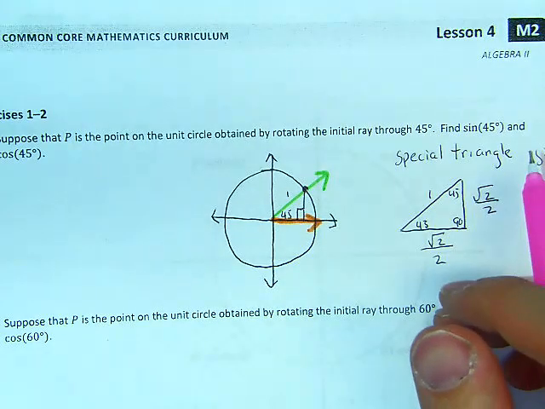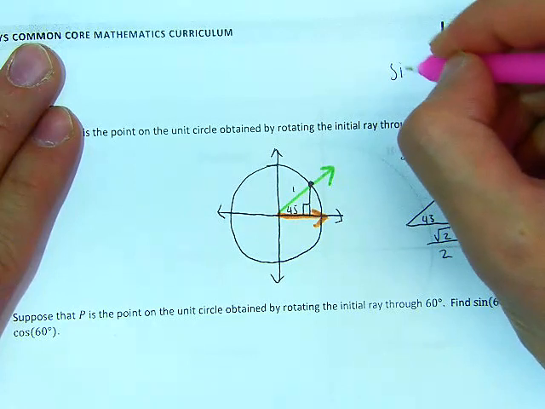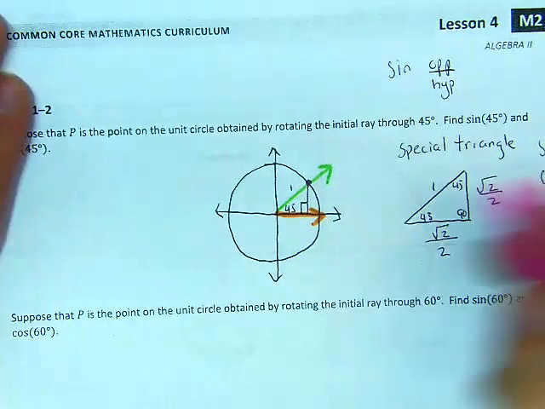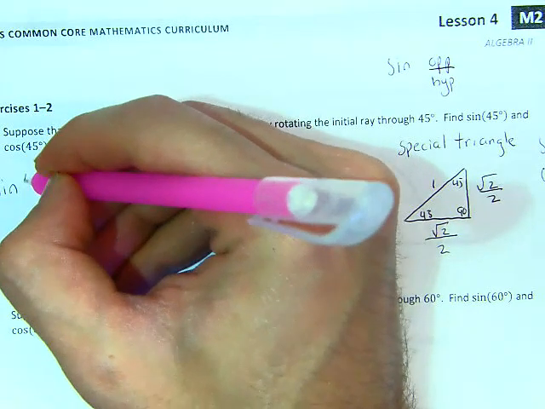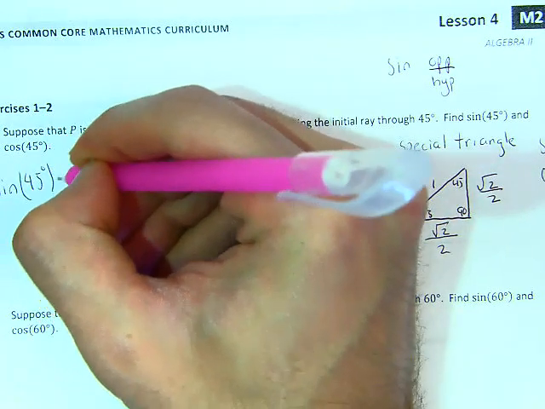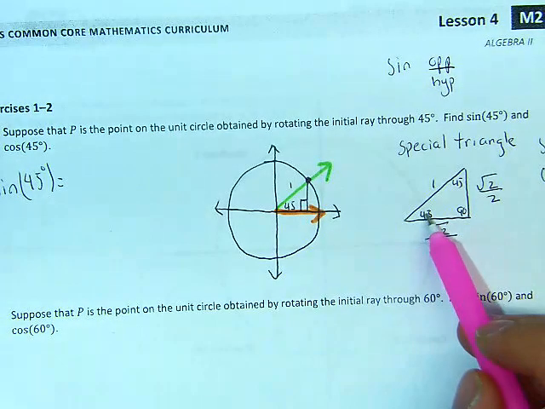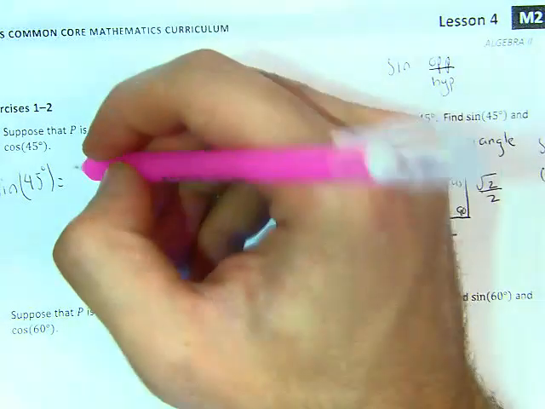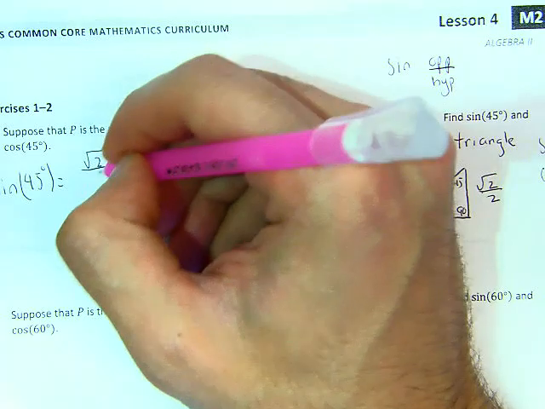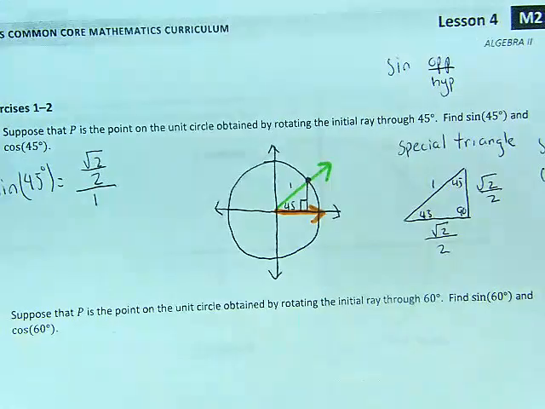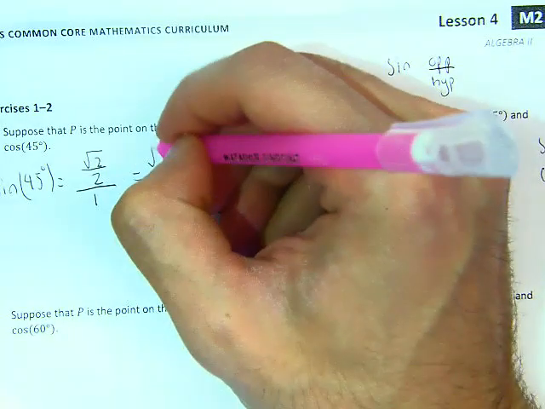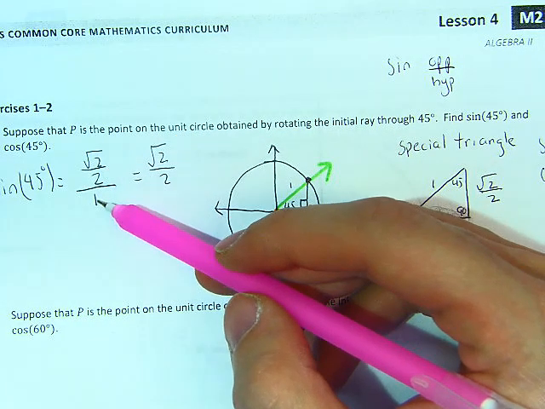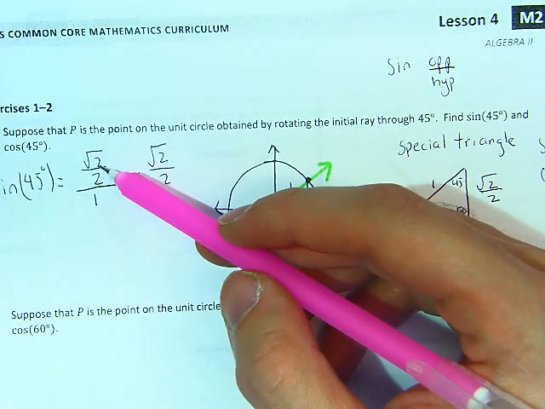Remember, what does sine mean? Sine is opposite over hypotenuse. So sine of 45 degrees is opposite over hypotenuse, which is square root of 2 over 2, all divided by 1. That just equals square root of 2 over 2, because if you have something divided by 1, it's itself.